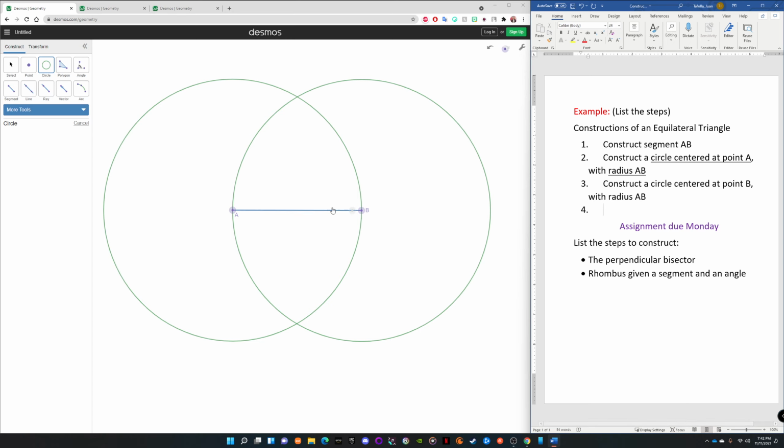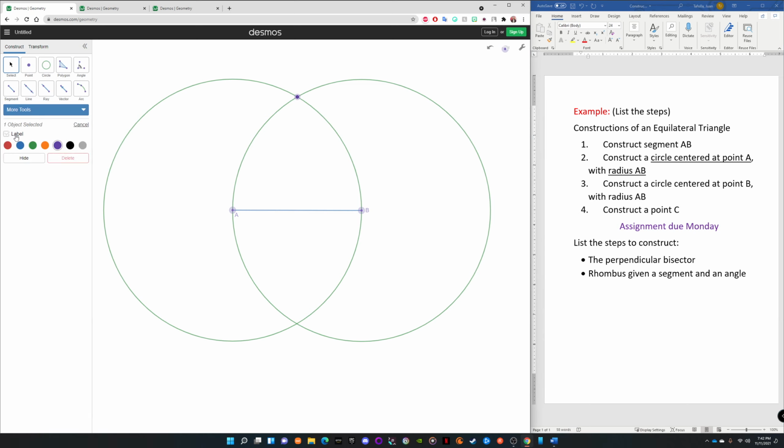Our fourth construction is going to be to construct a point. That point happens up here. You want to also describe this construction, even if it's a point. So construct point C. Make sure you define the point.